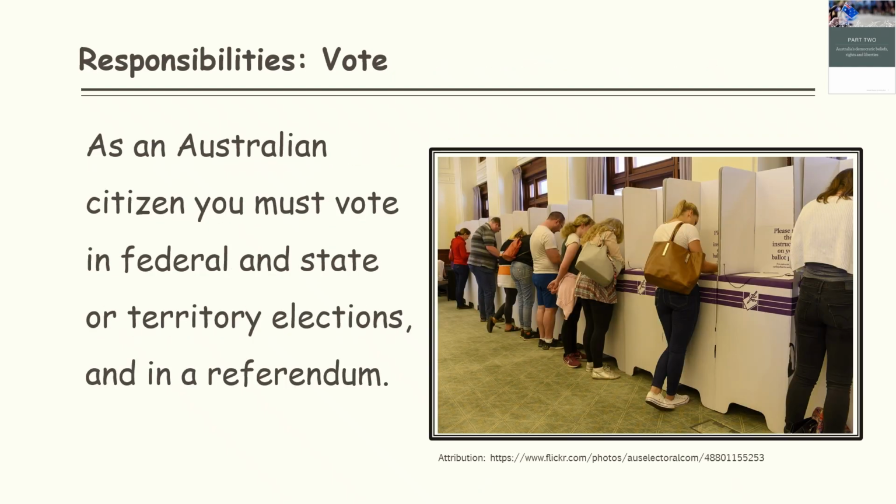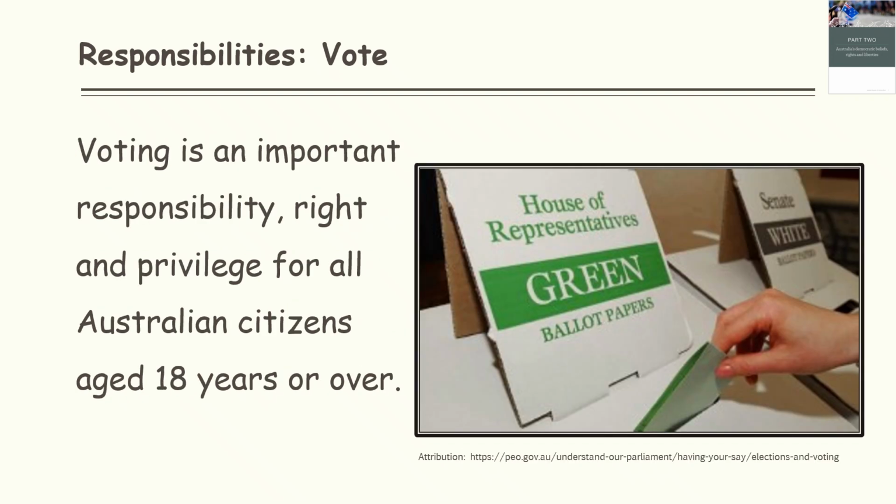As an Australian citizen, you must vote in federal and state or territory elections and in a referendum. Voting is an important responsibility, right, and privilege for all Australian citizens aged 18 years or over.